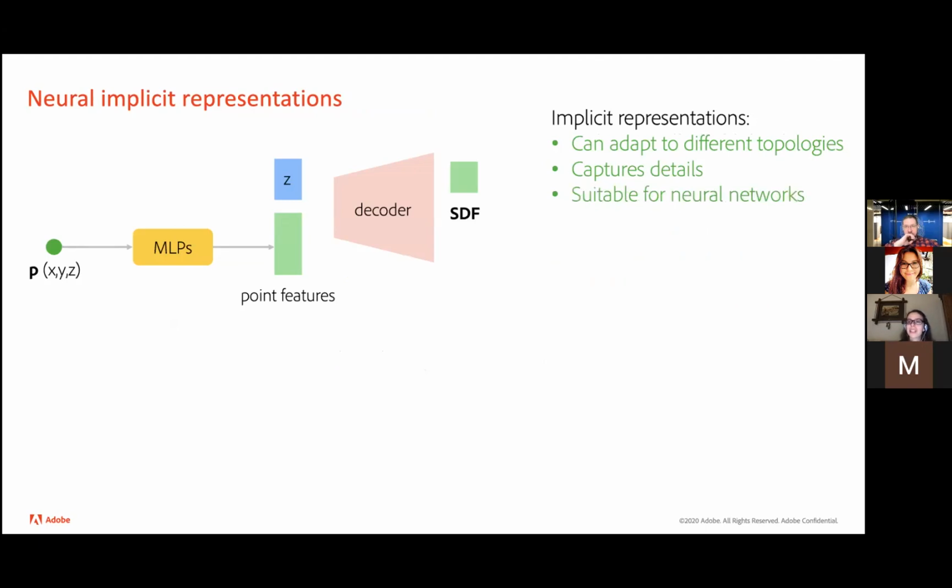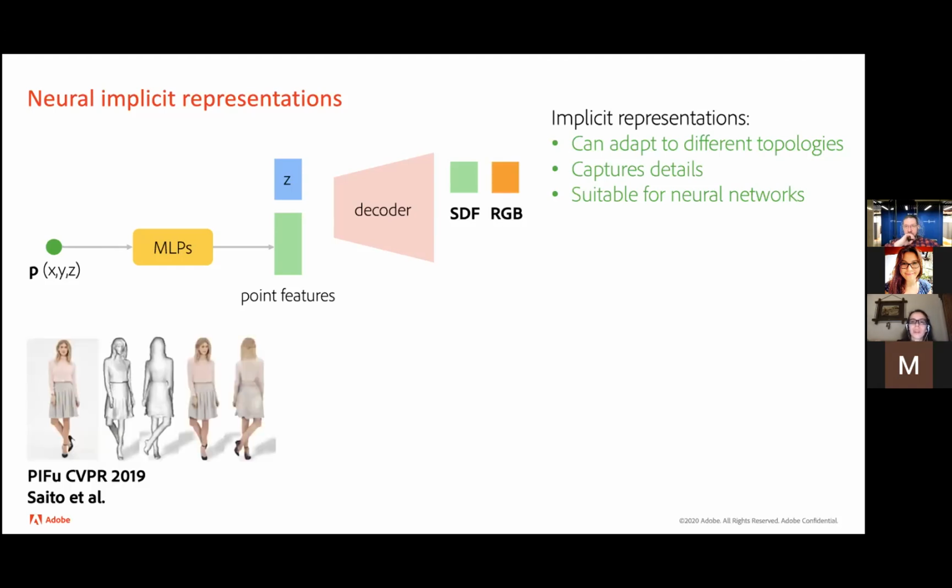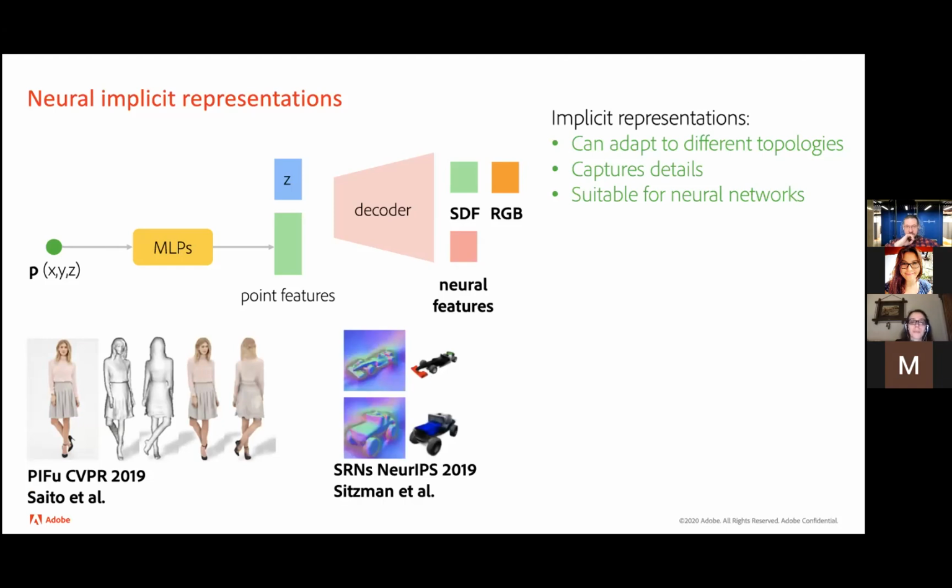And as I said, it turns out they're also very suitable for neural networks. That's why we are seeing a lot of excitement and a lot of advances. In our work, for example, we were predicting just the signed distance of a given point. There has been a lot of work that also predicts the RGB colors, so you can actually get textured 3D models. You can predict neural features and then use some neural rendering methods to, for example, synthesize novel viewpoints.